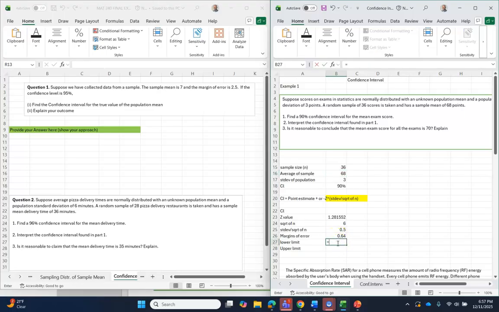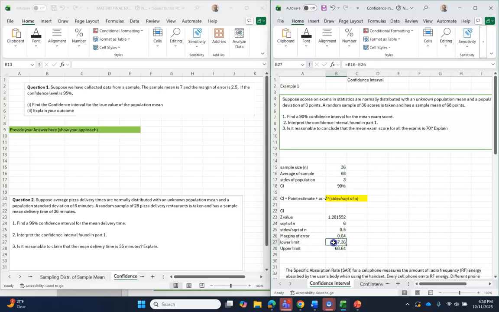So I'll put an equal sign, click on 68 minus the margin of error, and so I'll get the lower bound, which is 67.36. For the upper bound I will click on 68, and now I'll put plus the margin of error and enter.